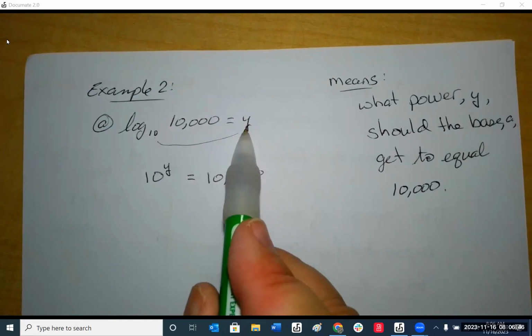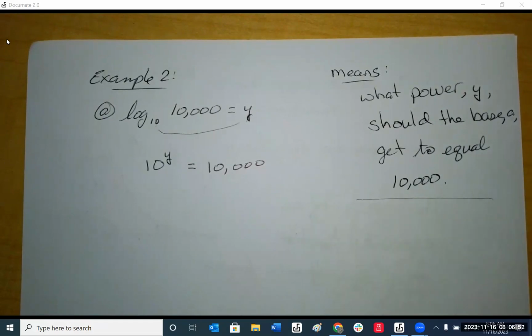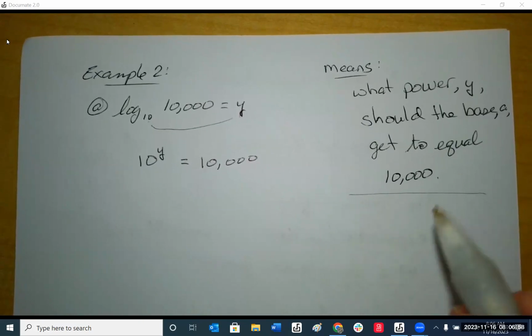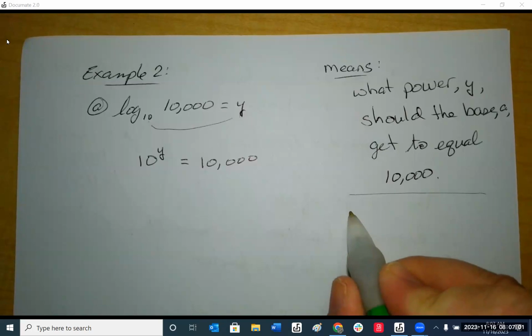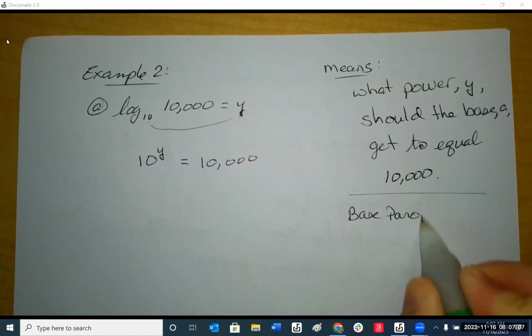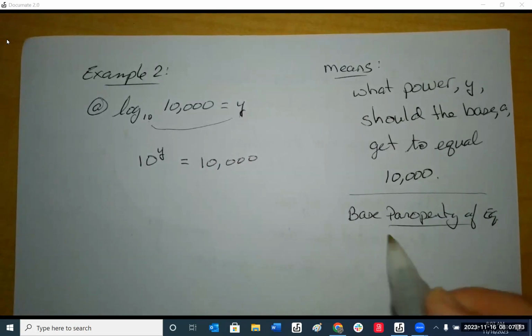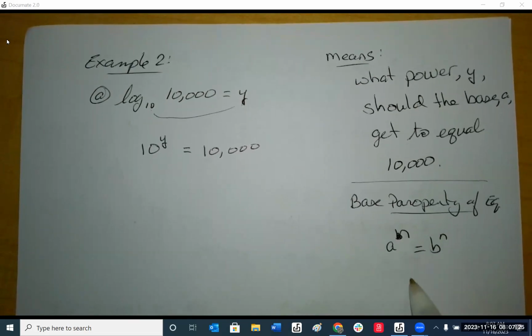So the base is still the base. According to the base property of equality, a to the power n equals b to the power n. The only way they could be equal is if the bases are equal.